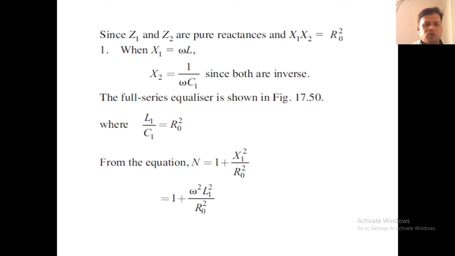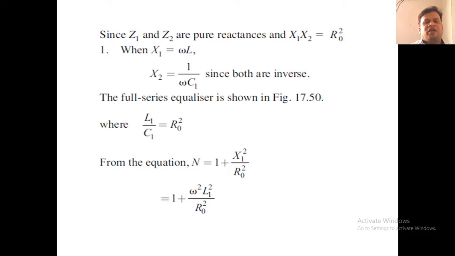Since Z1 and Z2 are pure reactances, x1 x2 is equal to R0 square. First, when x1 is equal to omega L and x2 is equal to 1 by omega C1, since both are inverse, the full series equalizer is shown in the figure below, where L1 by C1 is equal to R0 square.